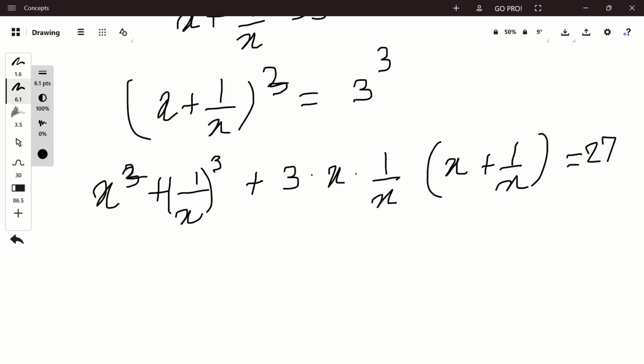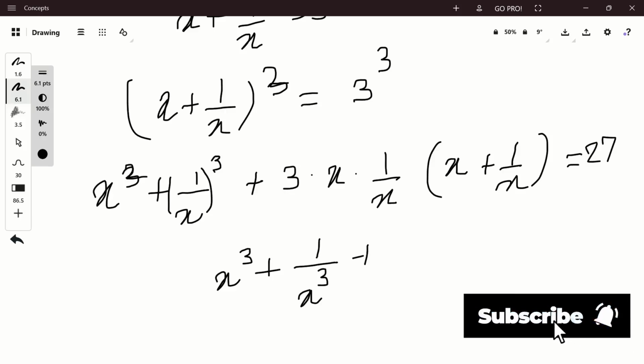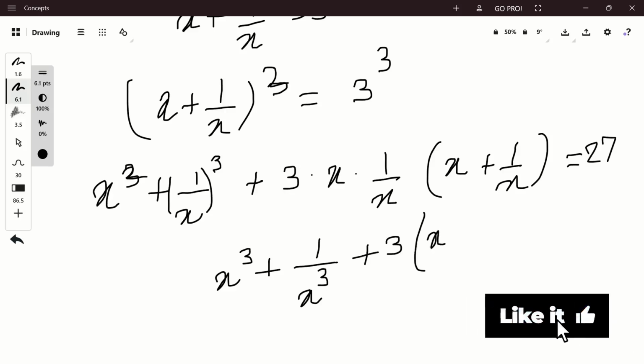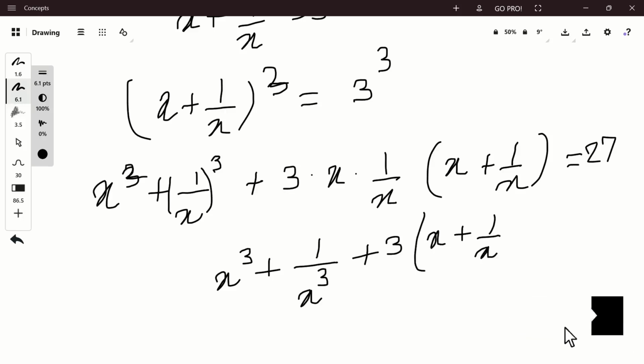That is, x cube plus 1 upon x cube plus 3 into x plus 1 upon x is equal to 27.